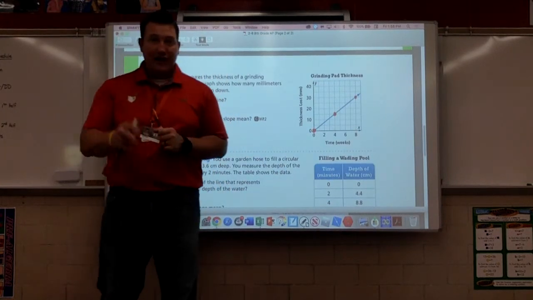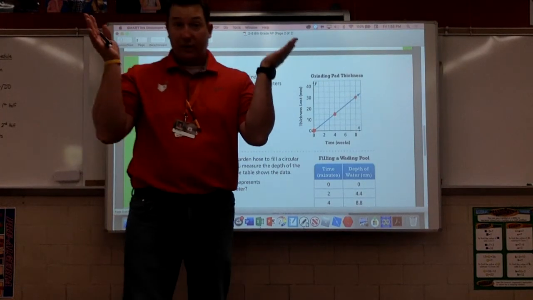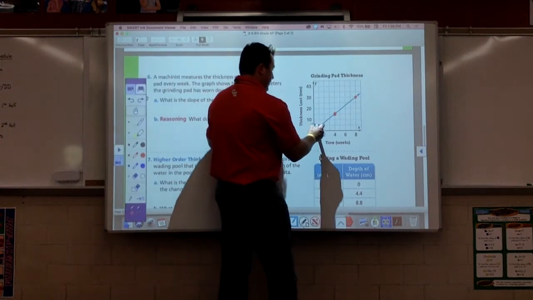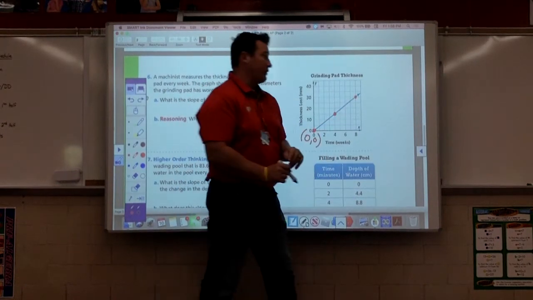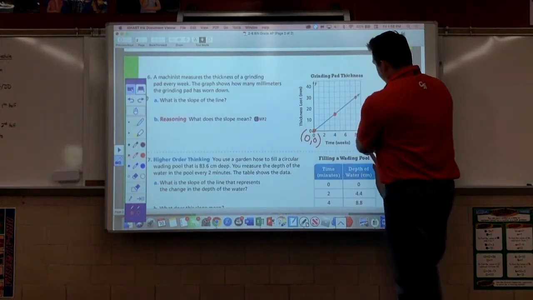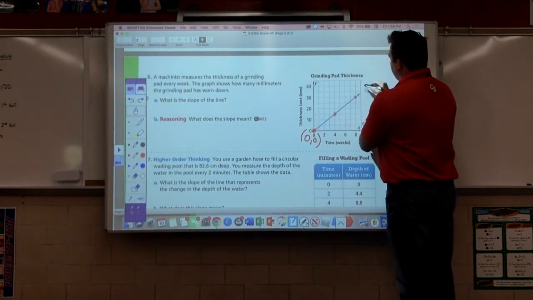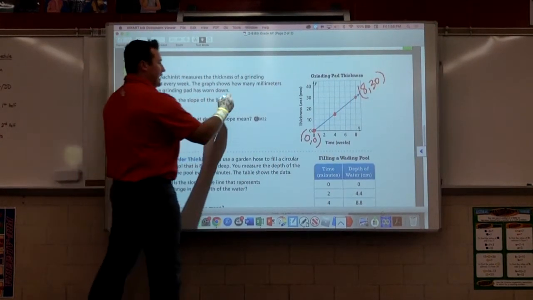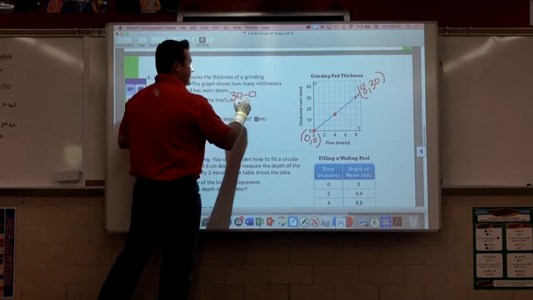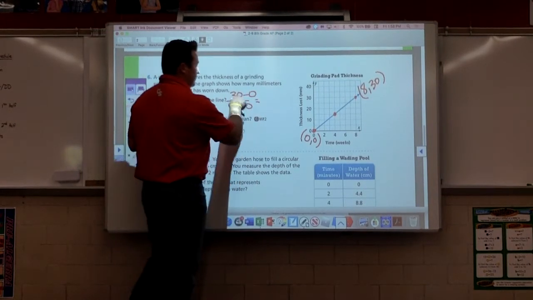Anyway, I found 3 good points. I hope you did too. I don't really care which 2 you pick. We can pick any of them. I like the origin, as I always do, 0, 0. To be different, I'm going to pick the point way over here. 8, 30. Okay? So what's the slope? Y minus y, x minus x. 30 minus 0 over 8 minus 0.